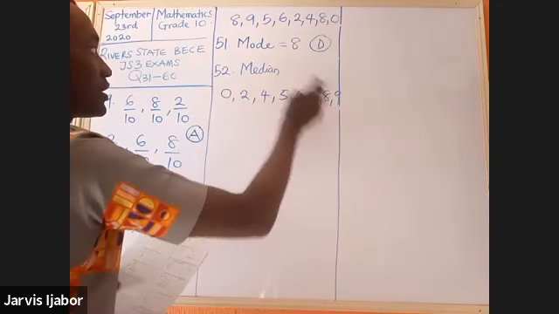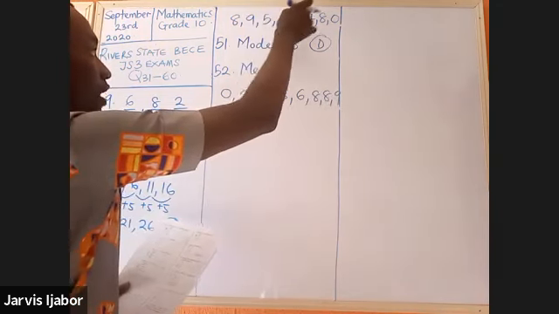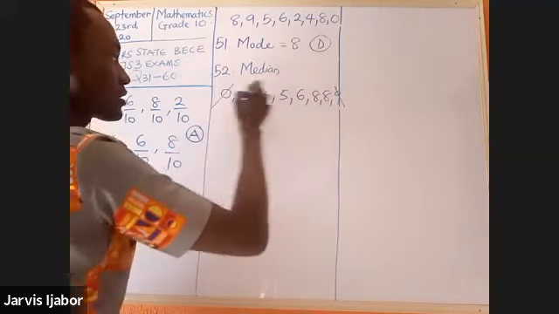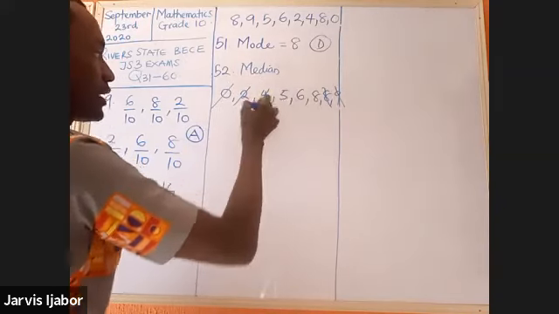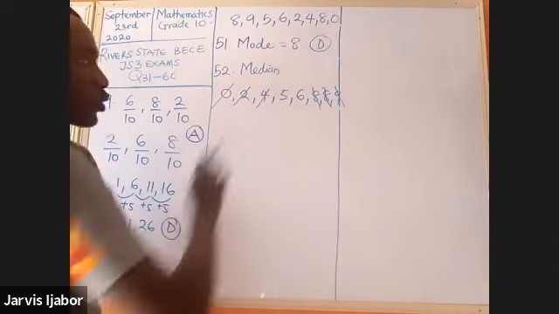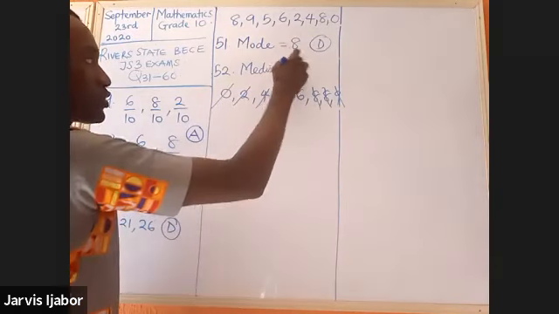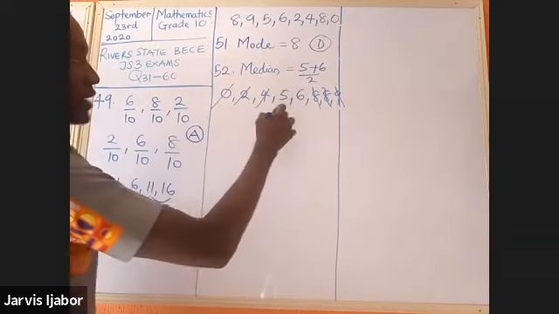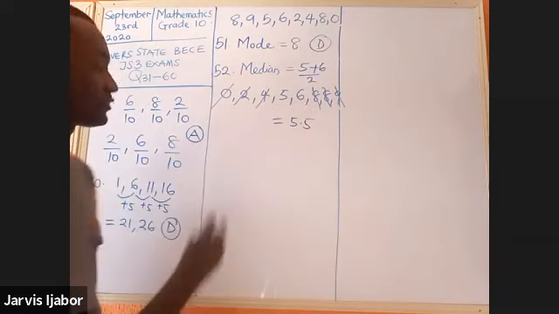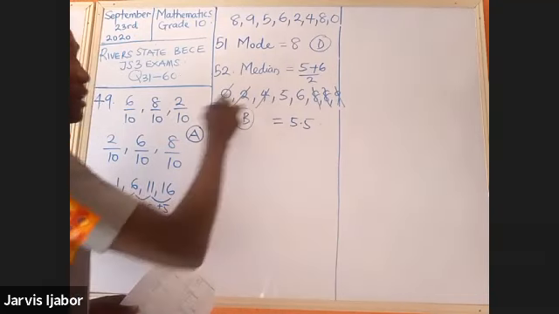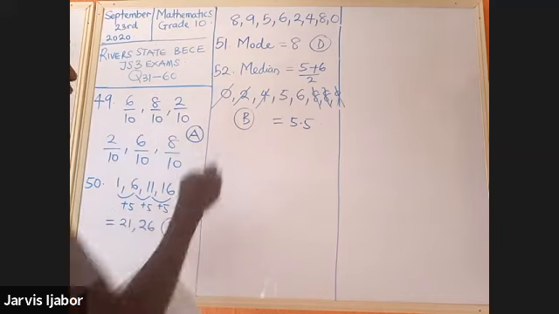That's 1, 2, 3, 4, 5, 6, 7, 8. For a simple question like this, I just keep removing at both ends, and I have 5 and 6. So I have two numbers occupying the median position, so I add them together and divide by 2. The answer becomes 5.5. So that option will be B.